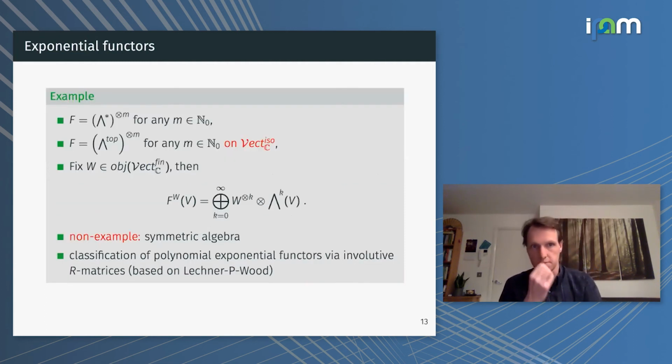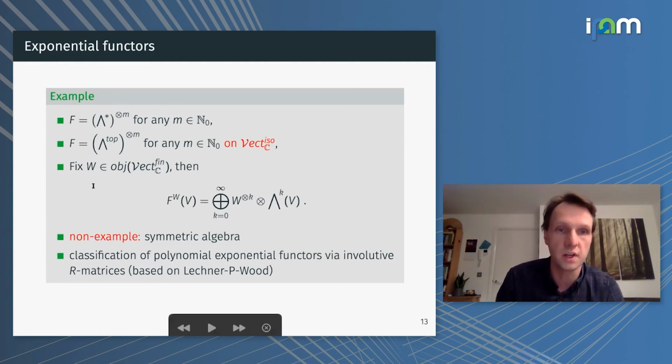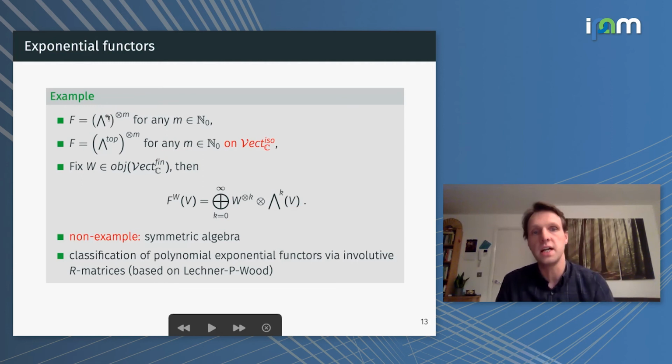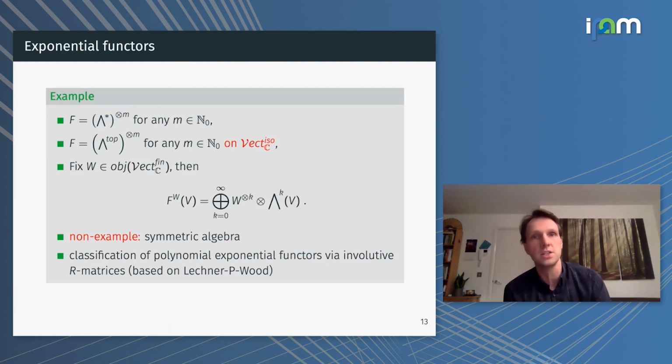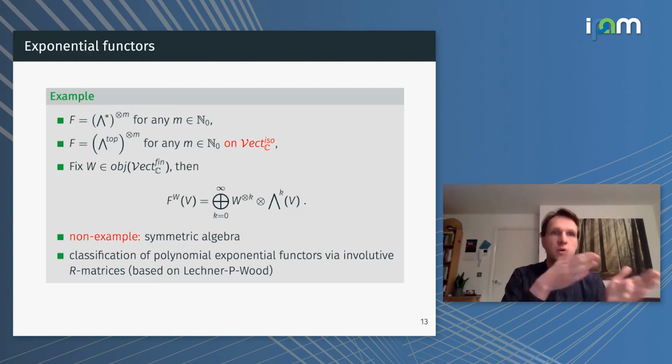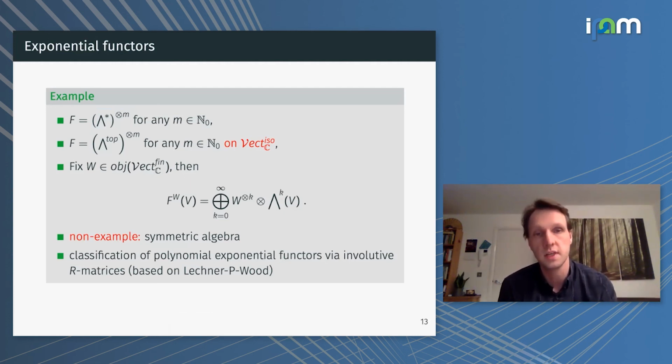Okay, so what are examples of this? You could take the full exterior algebra functor and take its mth tensor power. So that's an example, right? Because the exterior algebra functor has this property of transforming sums into tensor products.